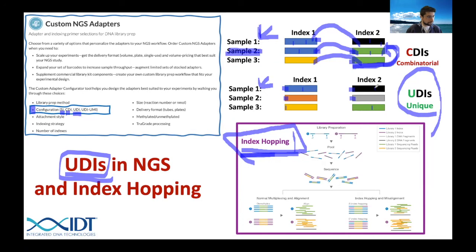Now, for example, the same adapter from sample 3 that was creating a contamination in the first example is going into sample 1, and it's swapping the black with the green.